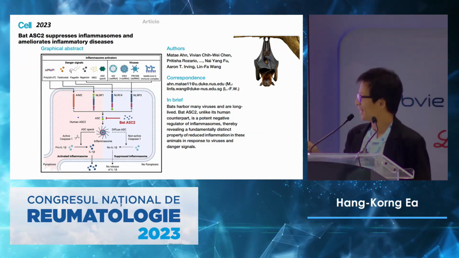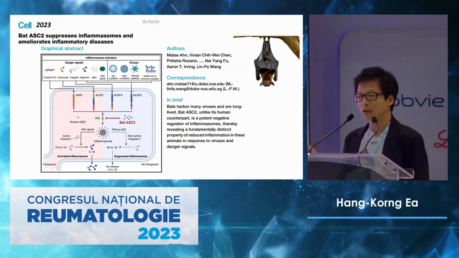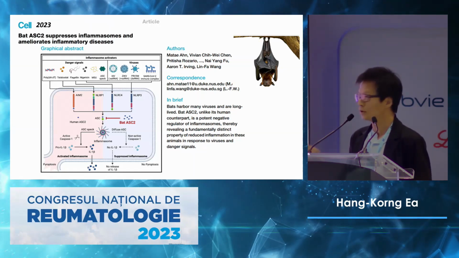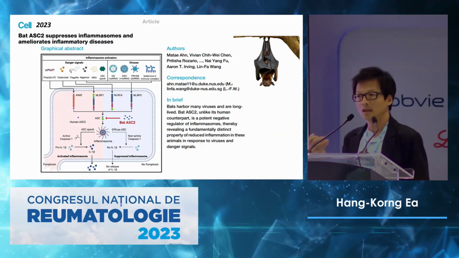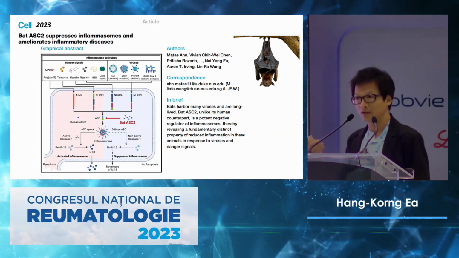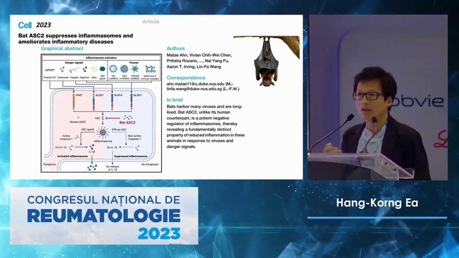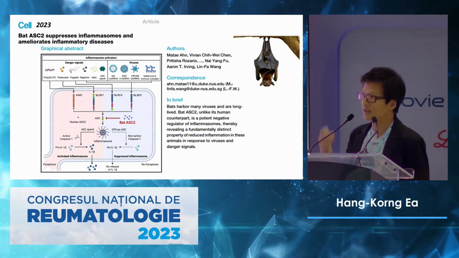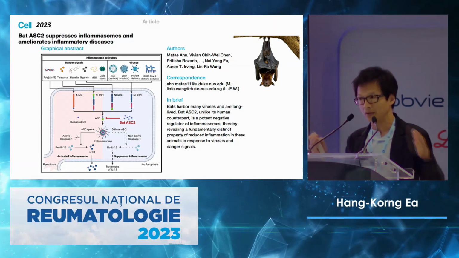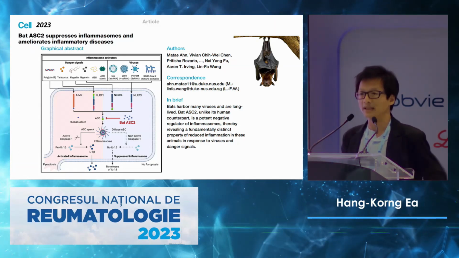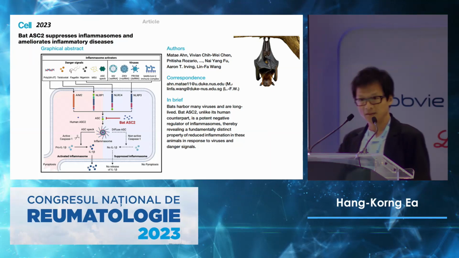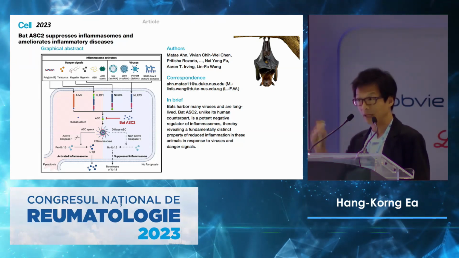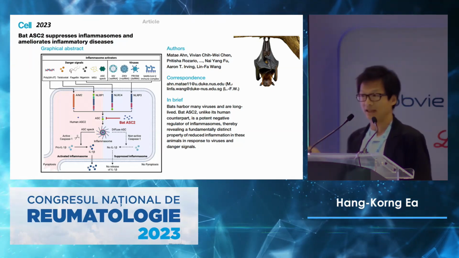So what is interesting in bats is that we know that bats are resistant to a lot of viruses and to a lot of bacteria. And what is also amazing is that the lifespan of bats is very long compared to their size. Bats can live 40 years, and we would expect less given their size, okay?